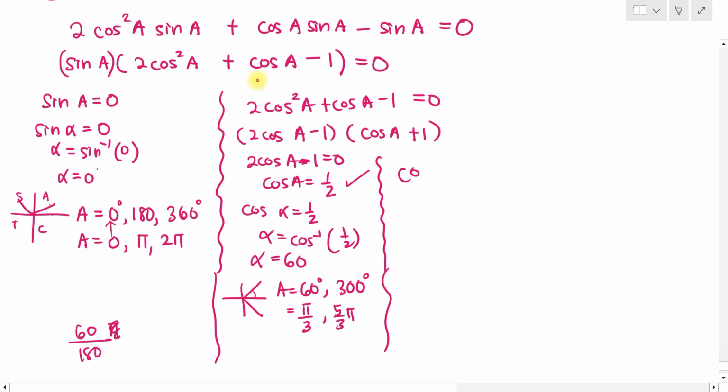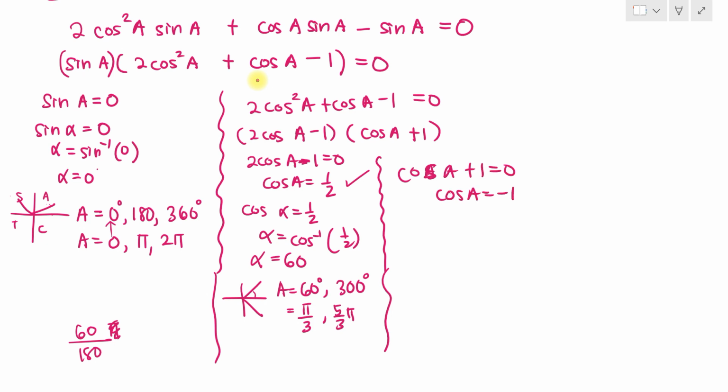And then cos A plus 1 equals to 0. Cos A equals negative 1. Okay, we convert to the reference angle. Ignore the negative sign. Alpha is equal to shift cos 1, getting 0.